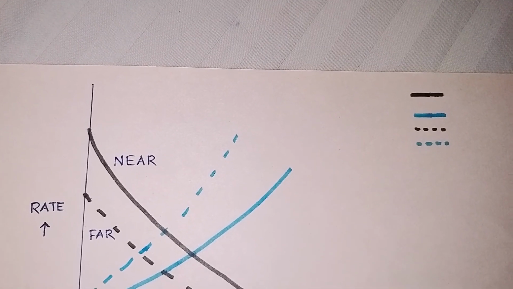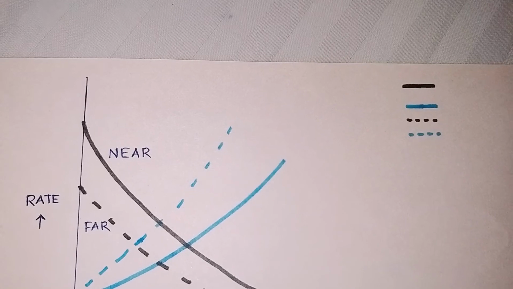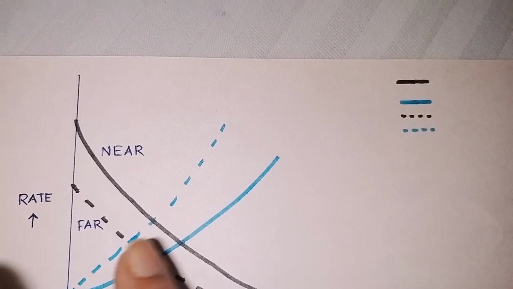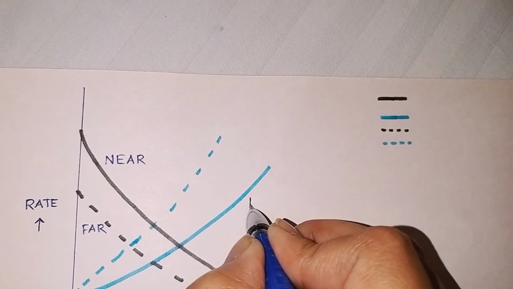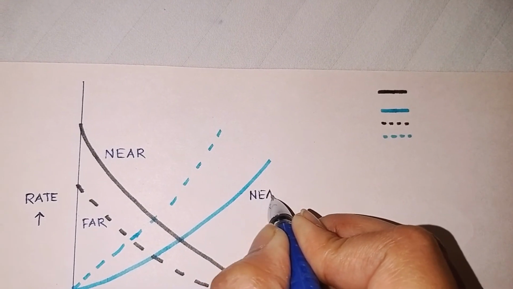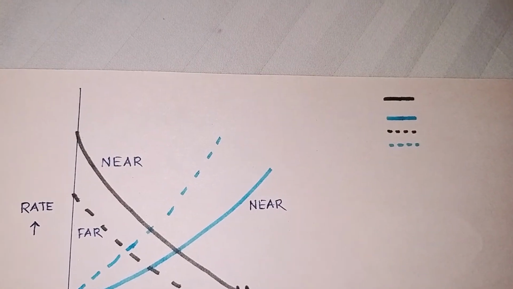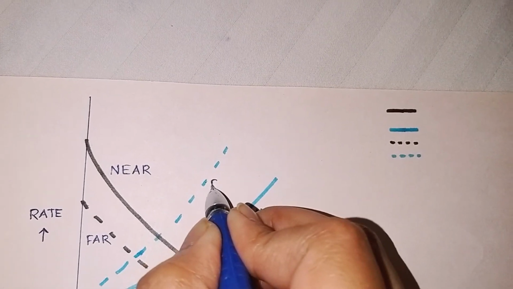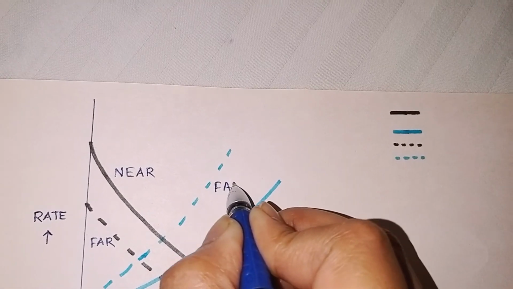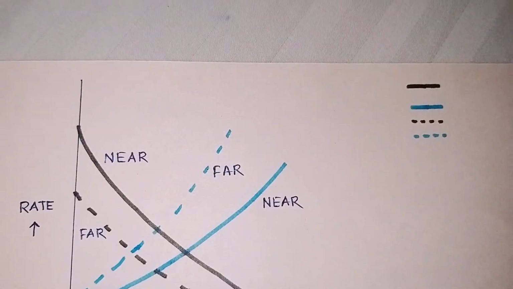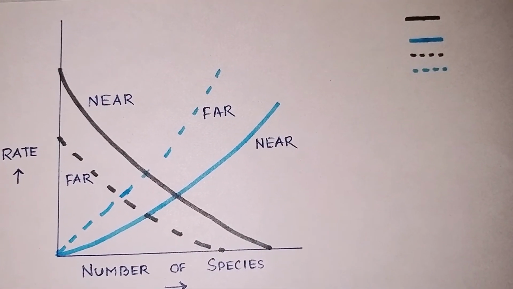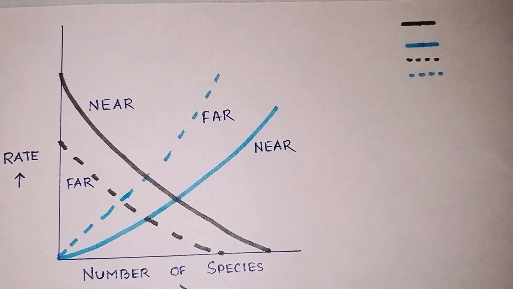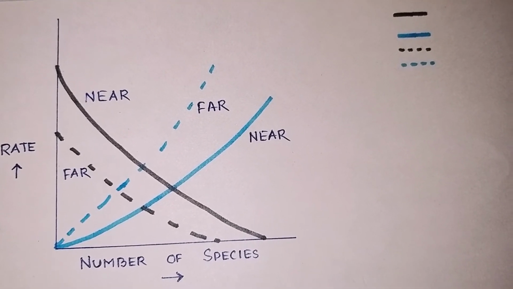Now here we'll see this thick blue line is for the rate of extinction in near island, and this is for far island. Now we will find out the point which will denote equilibrium.